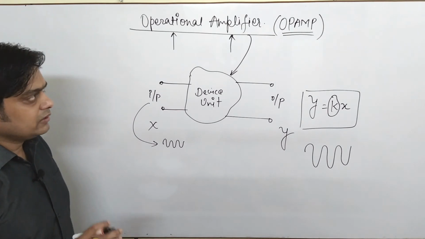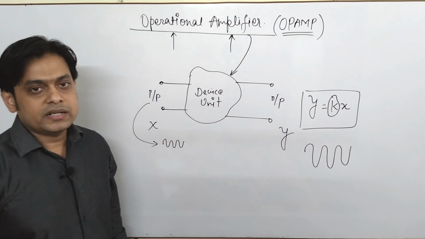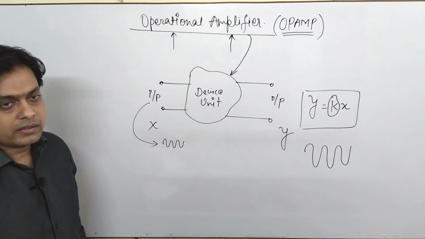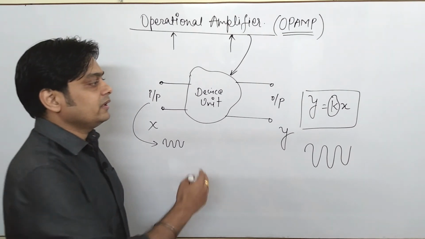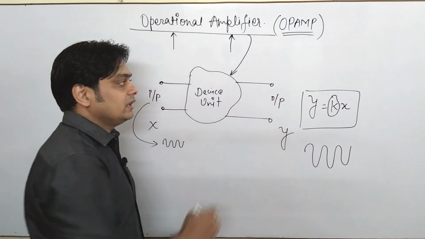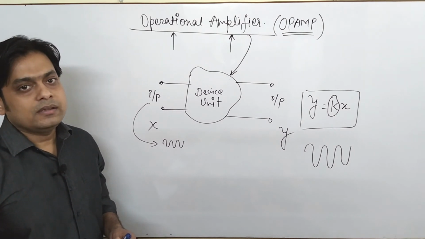The very basic definition of amplifier is when any input signal is applied at the input of an amplifier, you will get an enhanced signal at the output of that unit. So that is known as amplifier.